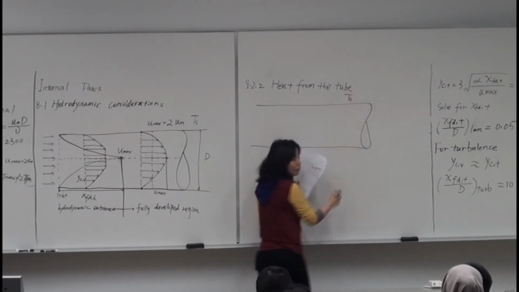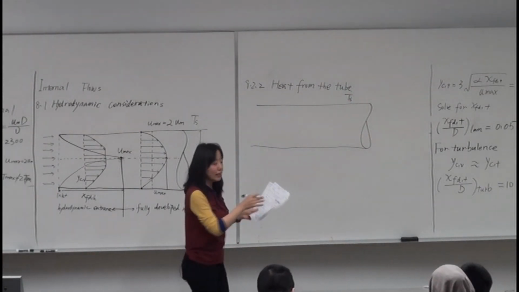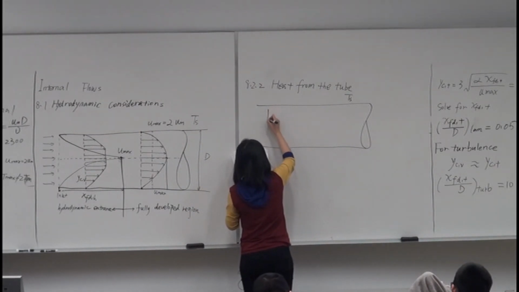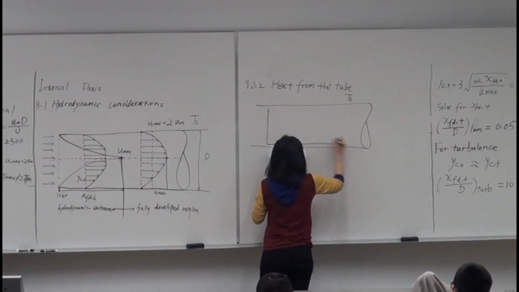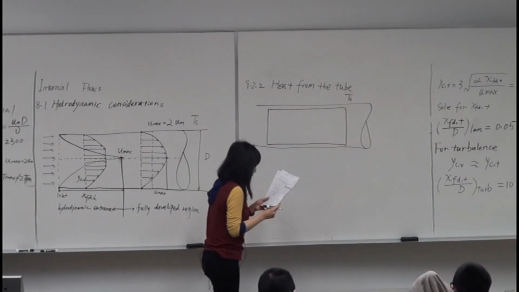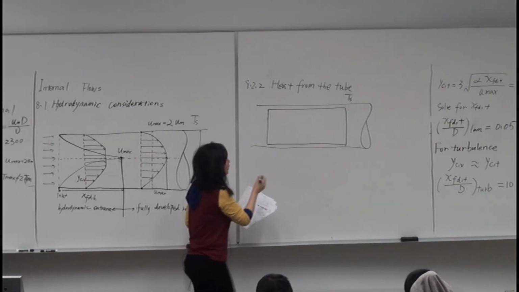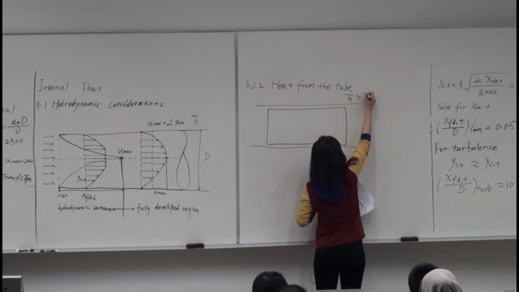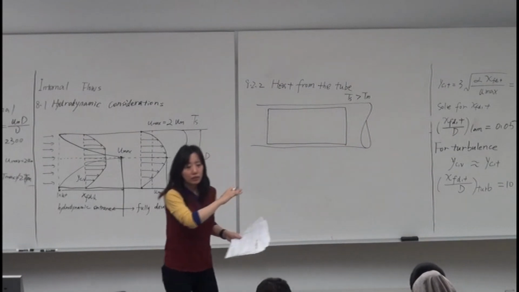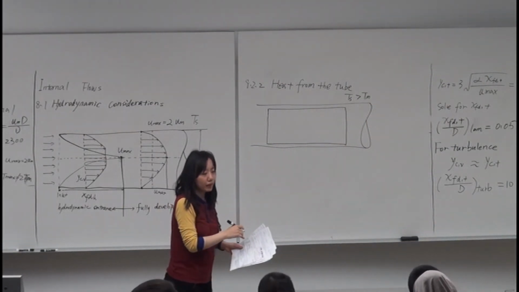The surface temperature of the tube is Ts. Let's look at what happens for the fluid inside the tube. So for the heating case, Tm here is the mean temperature, not the maximum temperature.